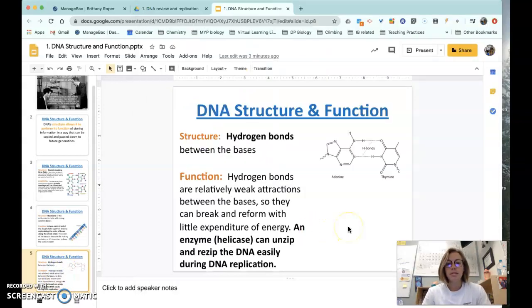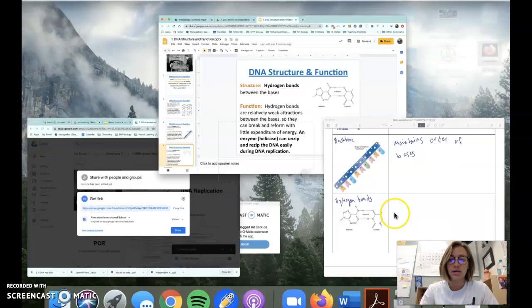these hydrogen bonds are pretty weak, right? We've learned that they're actually more like attractions than bonds. So they can break and reform with just a little bit of energy. And that's great in terms of DNA replication because an enzyme, aka helicase that we're going to learn about, can unzip and rezip the DNA easily during DNA replication.